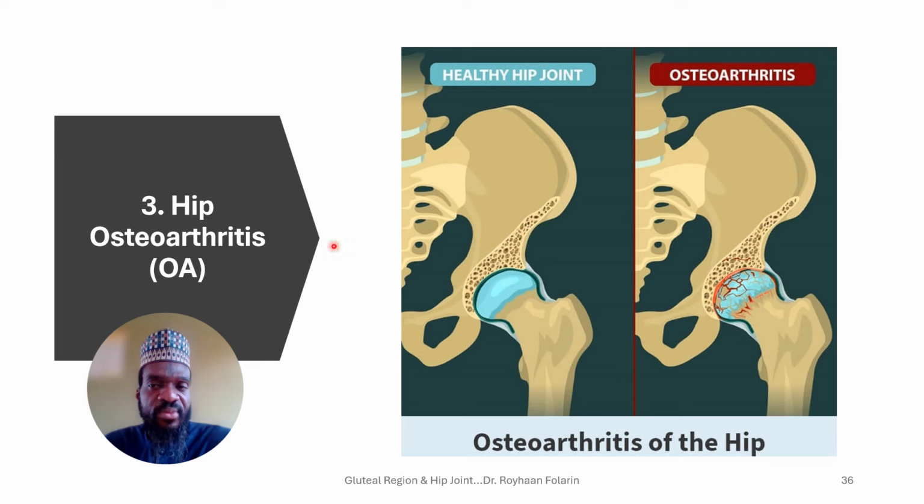You also have hip osteoarthritis. It's a common cause of chronic pain, particularly in older adults, and it can lead to reduced range of motion and stiffness. It can cause difficulty in bearing weight or in activities that require bearing weight, such as walking or climbing stairs.